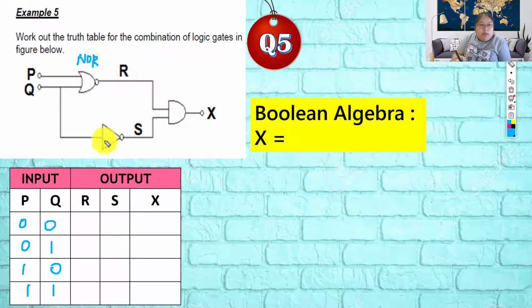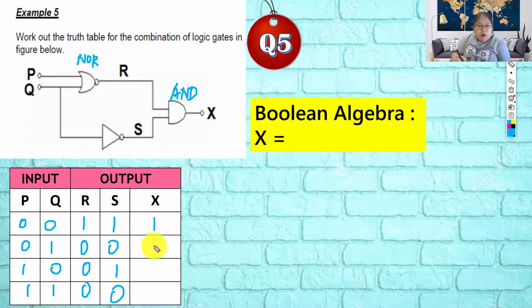NOR gate is an enemy, meaning it doesn't want to follow anybody. Okay, S is a NOT coming from the Q. 1, 0, 1, 0. Okay, the X. X is an AND gate, so for the AND gate we check R and S: 1, 0, 0, 0. So this one is the final answer.